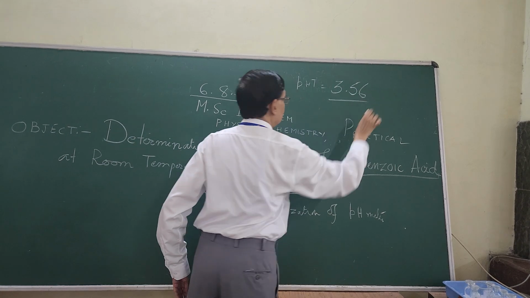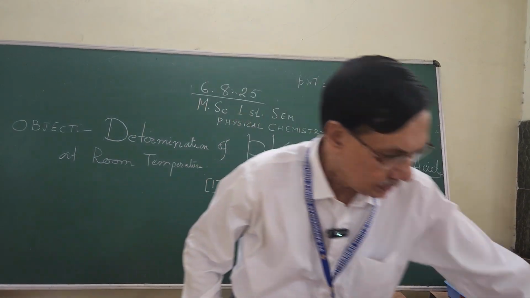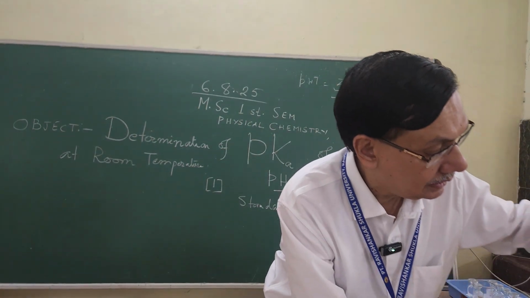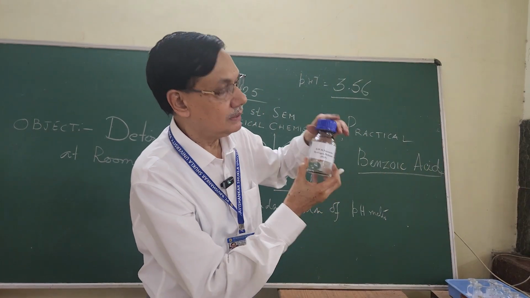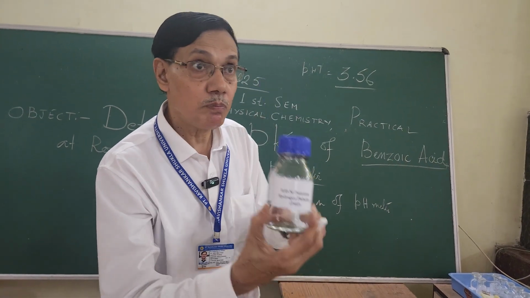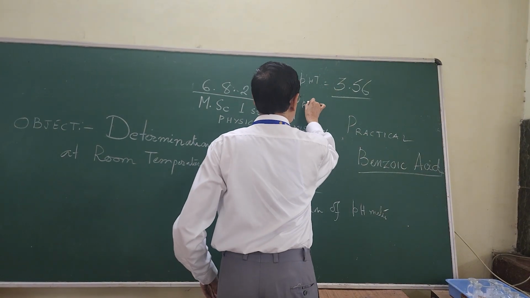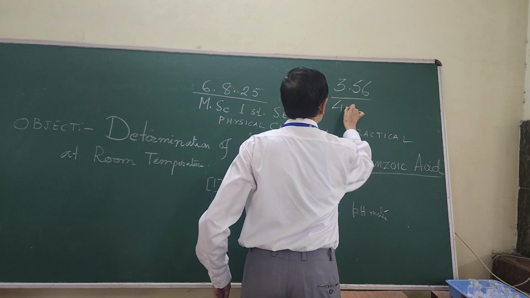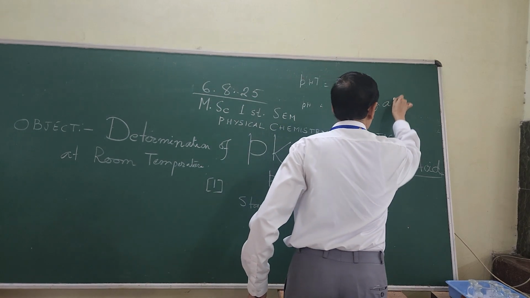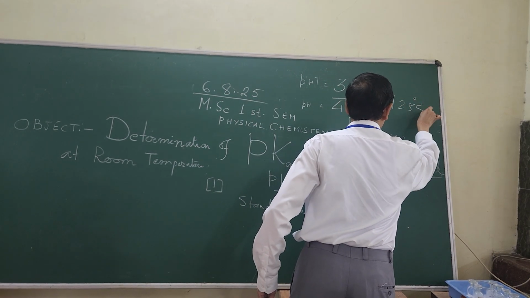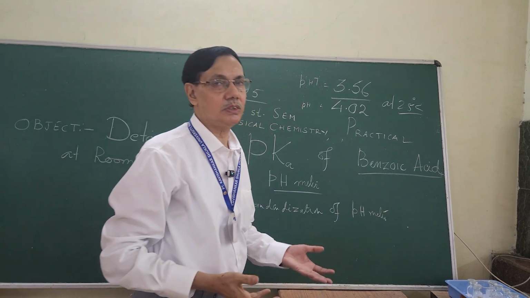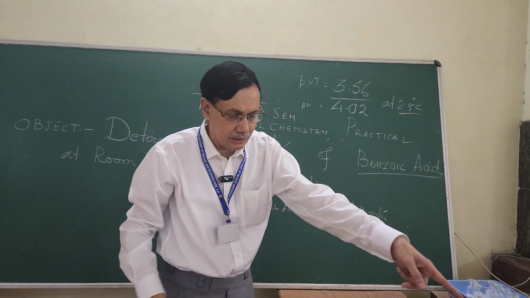And second, you have already prepared, I am very happy, potassium hydrogen phthalate 0.05, and the standard pH value is around 4.02, of course at 25 degrees centigrade, but today is more than 30, so there may be slight variations in temperature.